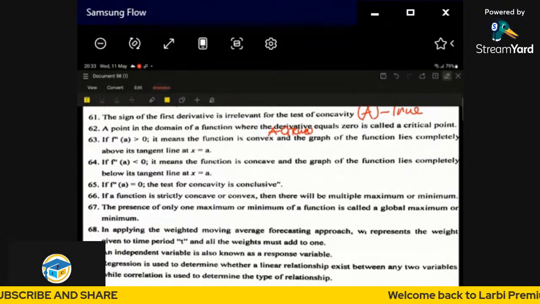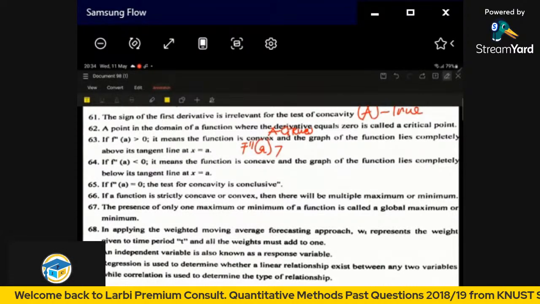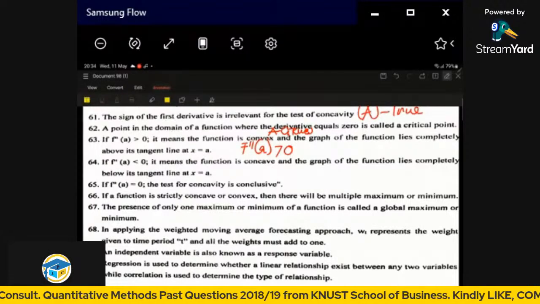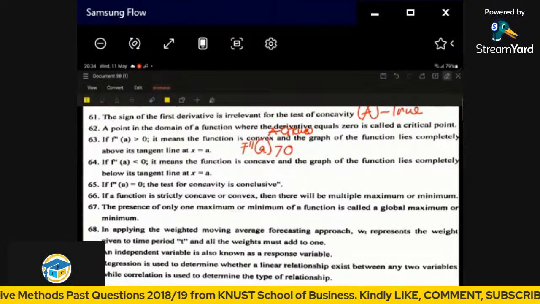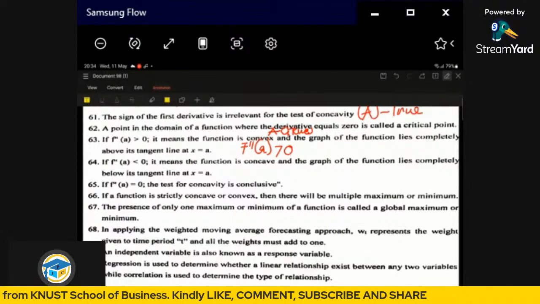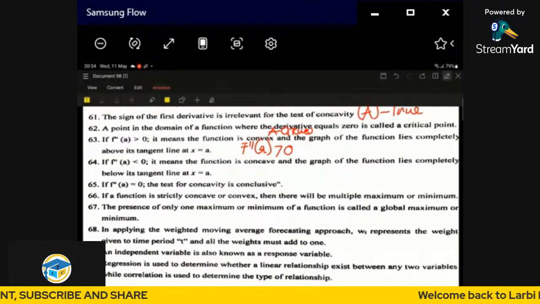Question 63 is saying that if f double prime of a is greater than 0, then it means the function is concave up and the graph of the function lies completely above the tangent line at x equals a. Now, when it comes to these curves, we have what we call a concave curve and then a convex curve.